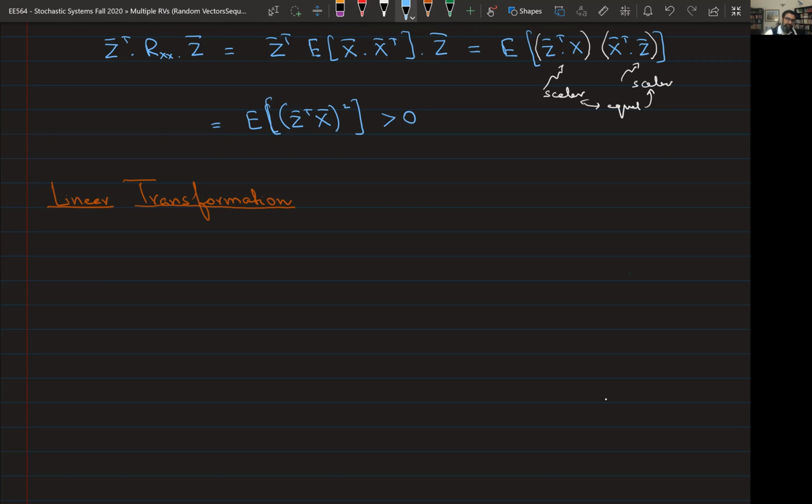And from that, I obtain another random vector y of dimension m cross 1 through a linear transformation. So this is A times x plus b, where x is n cross 1, A is m cross n, and b and y are m cross 1 as well.